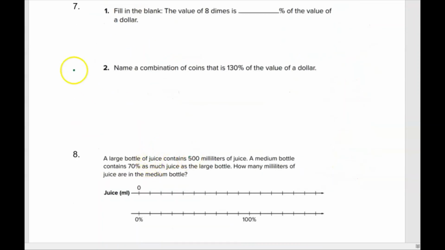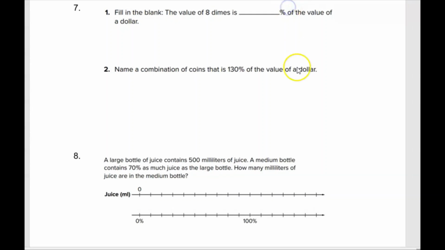Moving on to number 7. It says fill in the blank. The value of 8 dimes is blank percent of the value of $1. Okay, so if I have 8 dimes, I know 8 dimes is, let's see, that'd be 80 cents, right?